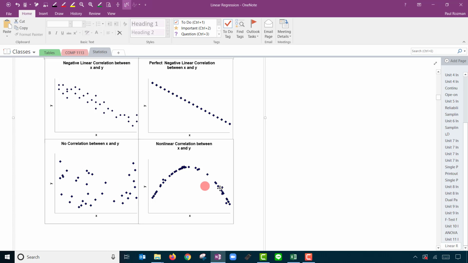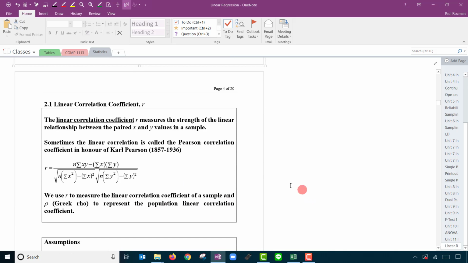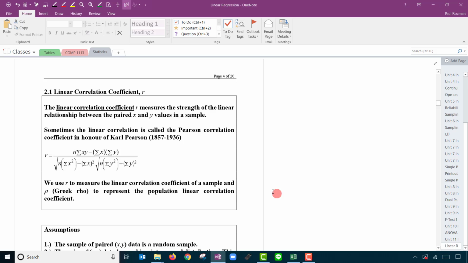So we'll come up with a numerical measurement for that. It's called the Pearson linear correlation coefficient, relatively recently devised. He only died in 1936, so that's relatively new for mathematics. The coefficient is called R.